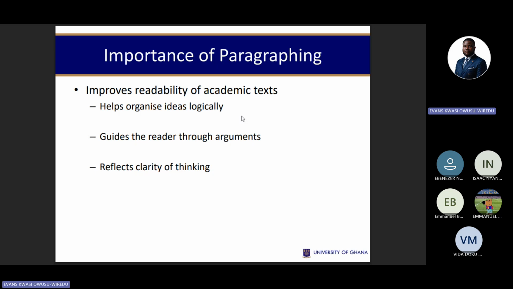So in paragraph 3, we know that he spoke about such and such. So if you are looking for such and such, you go to paragraph 3. You go to paragraph 4 to know his closing remarks. You go to the last paragraph to know his conclusion. Are you following? And so it guides the reader through the argument.